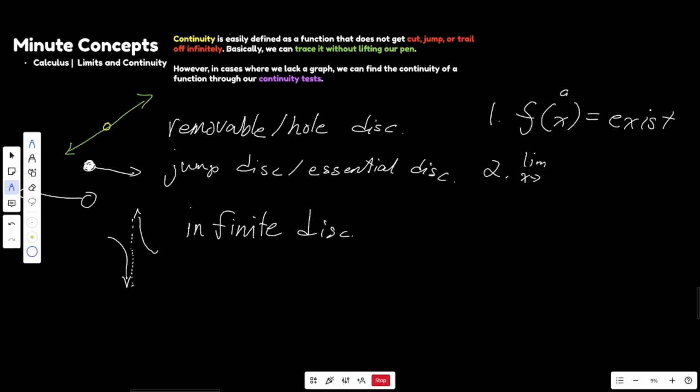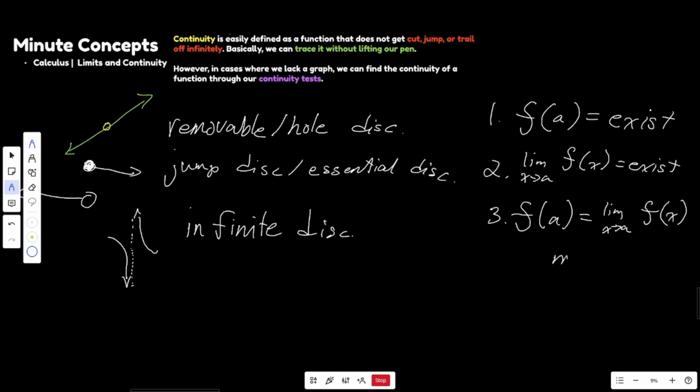Let's say that this is a, just so that we can be consistent. The limit as x approaches a of f of x must also exist. And lastly, these must be equal: f of a and the limit as x approaches a of f of x must be equal. That's always a must.